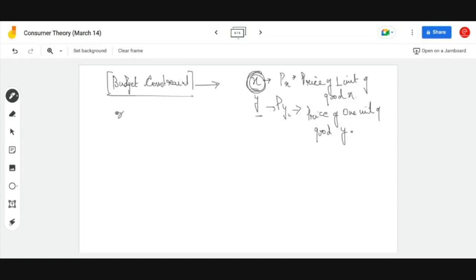Because how much of good X and how much of good Y we can consume depends upon the prices and the total income. So we have a budget line.